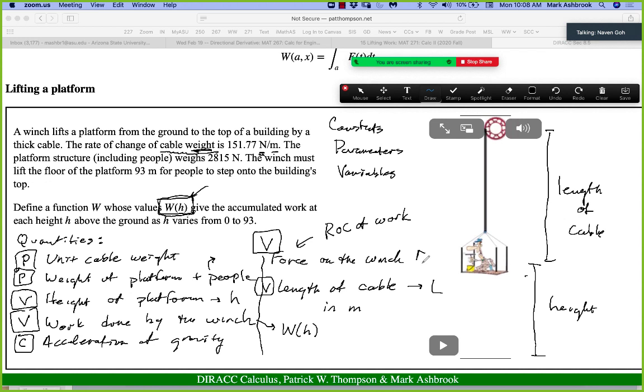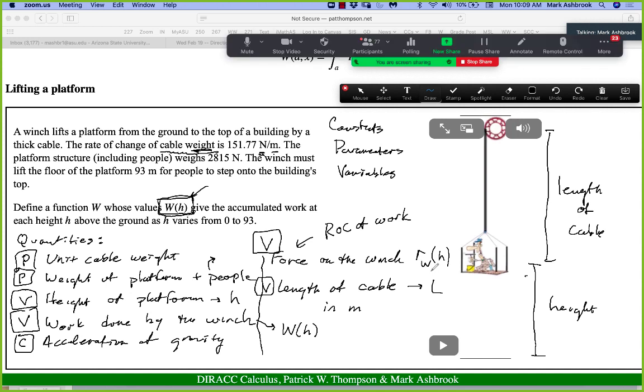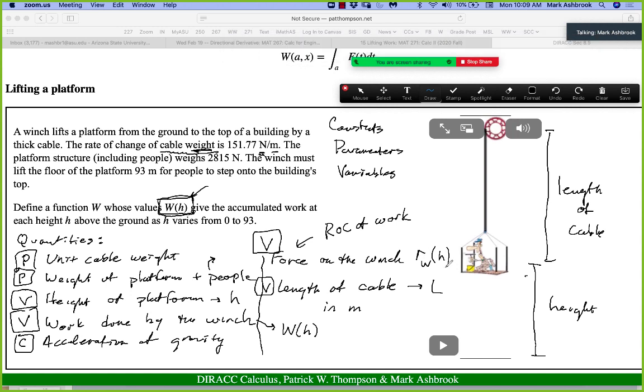R_W of h, like the rate of work. Yep, that's it, right? So the force on the winch is going to be this variable force. It's going down as the cable goes up because there's less cable weight for every moment that the thing moves up. That's the rate, and we know the force is the rate of change of work. So we got R sub W of h. And so I think we've got everything.